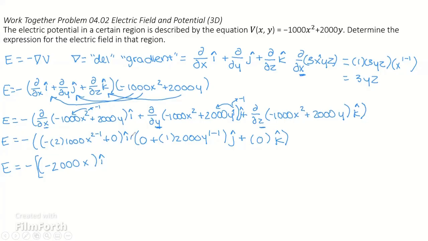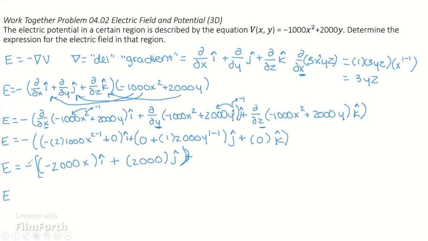This should be a plus in here, it's not multiplied. Plus 1 times 2000 is just 2000. y to the power of 1 minus 1 is y to the power of 0, which simplifies to 1. So we can leave that like that, j hat plus 0 k hat. We don't actually have to put anything there. We can just close the brackets.